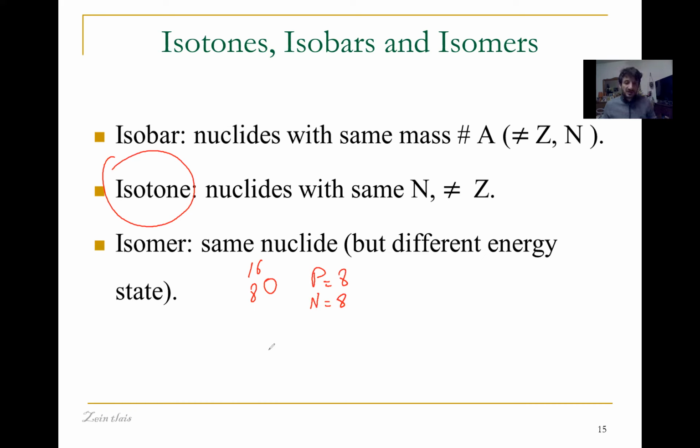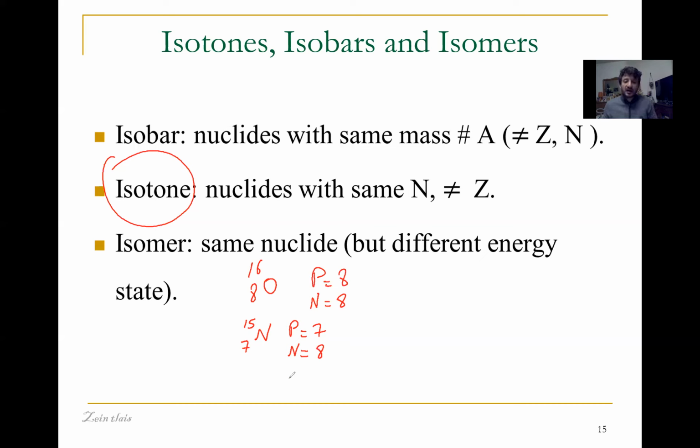I give you nitrogen N with 15 and 7. Here also we have P equals 7, and the neutron N equals 15 minus 7 equals 8.